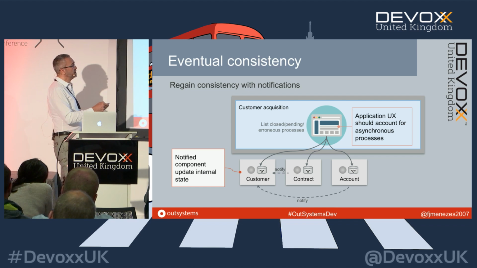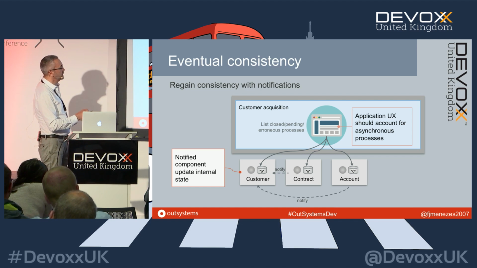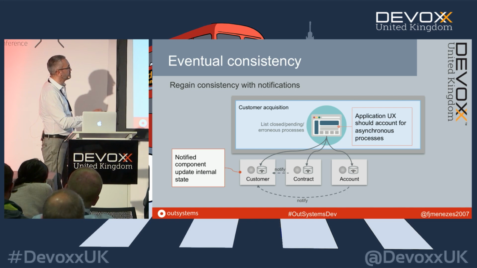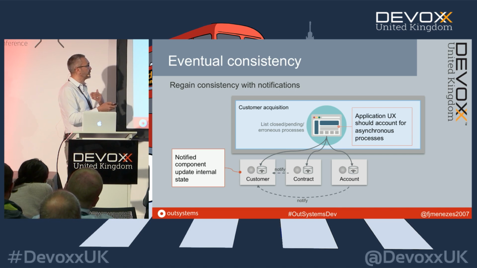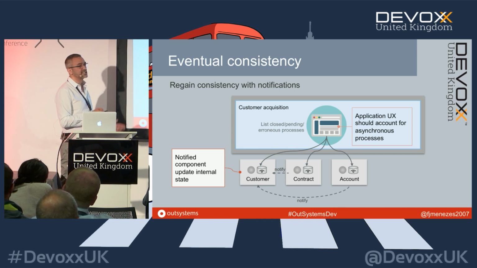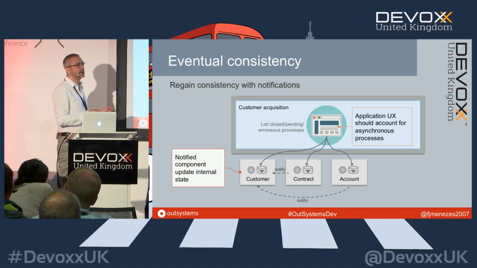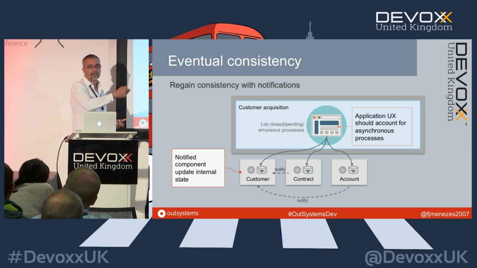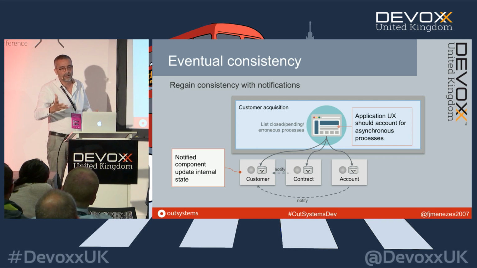Of course, now your consuming application can mash up all this information, can list closed, pending, erroneous processes, and of course, now your application should account for asynchronous processes. It's no longer the situation where the user clicks one button and waits, and waits synchronously until he gets done or an error.